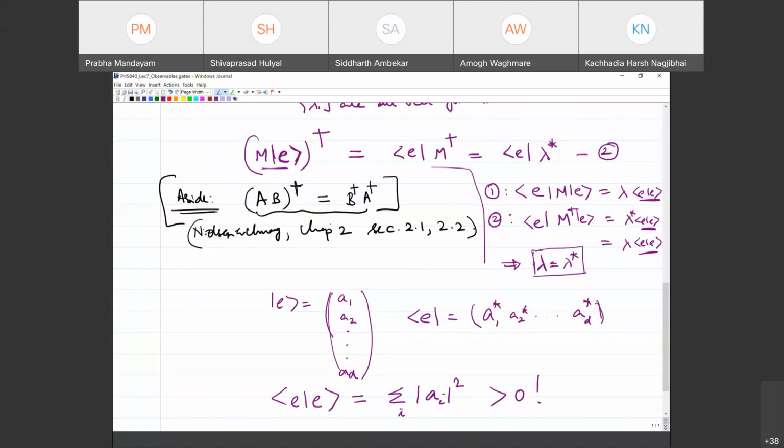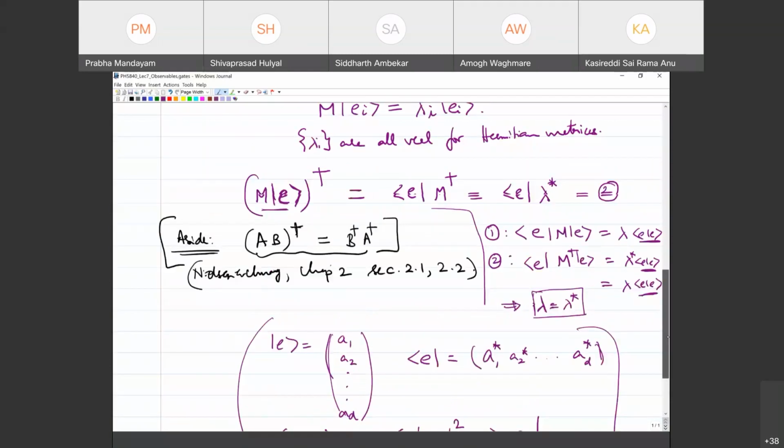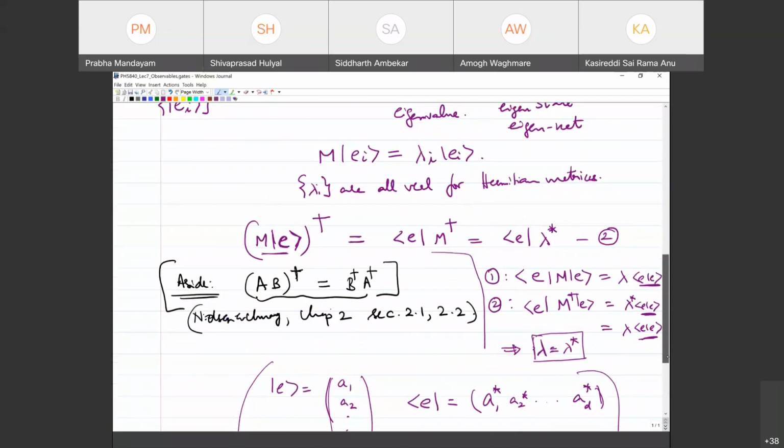So it's greater than or equal to 0. It's equal to 0 if and only if this is the 0 vector. So there is no issue with this argument, because this quantity is always going to be a real positive quantity. So what this means is that lambda is equal to lambda star. I hope everyone understands this. So this is the first property, that the eigenvalues are all real.